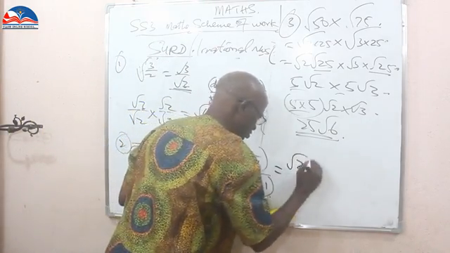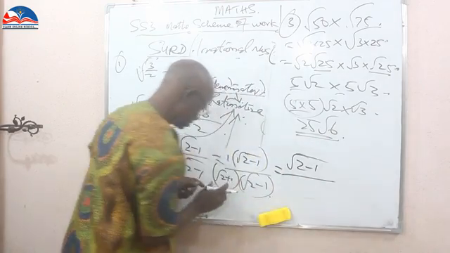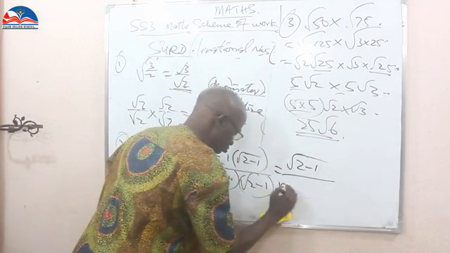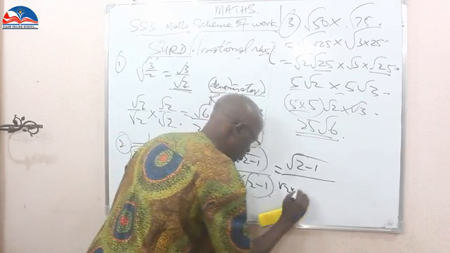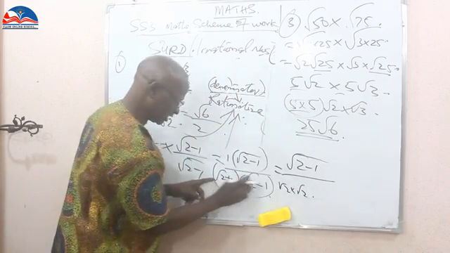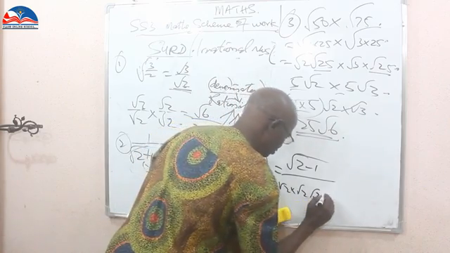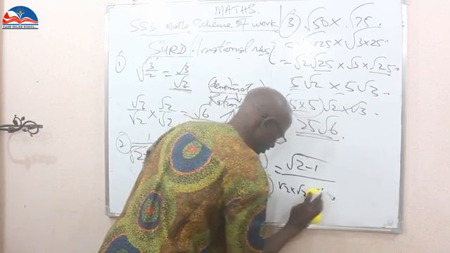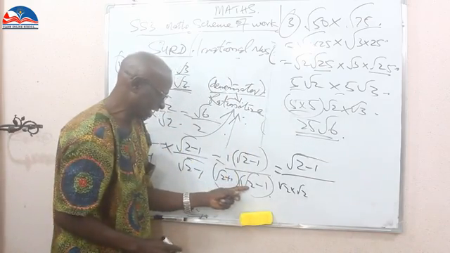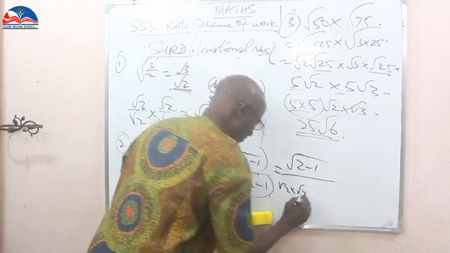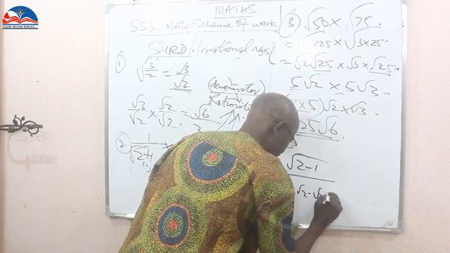The same root 2 minus 1 over root 2 times root 2, and root 2 times minus 1, which is minus root 2.